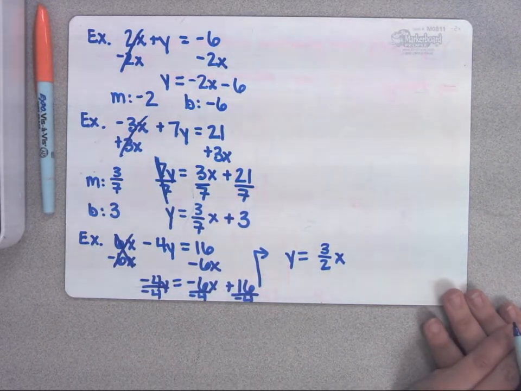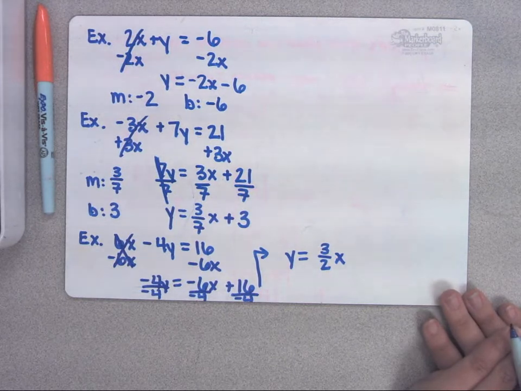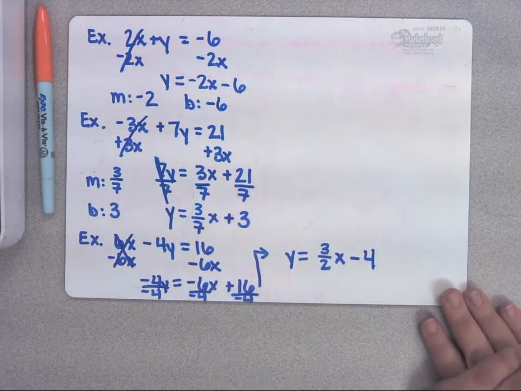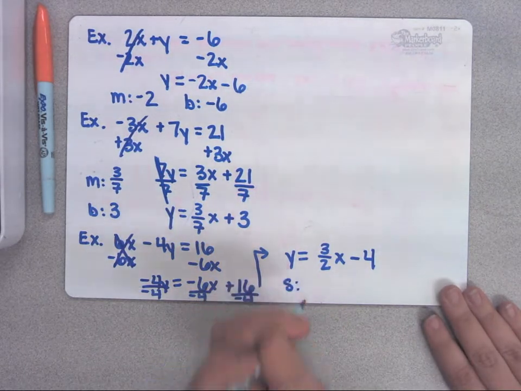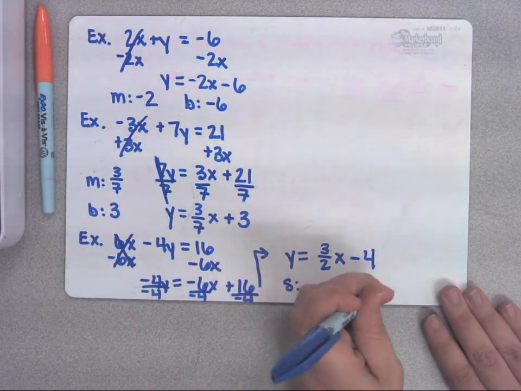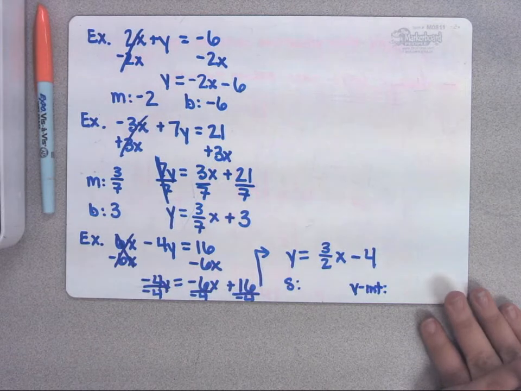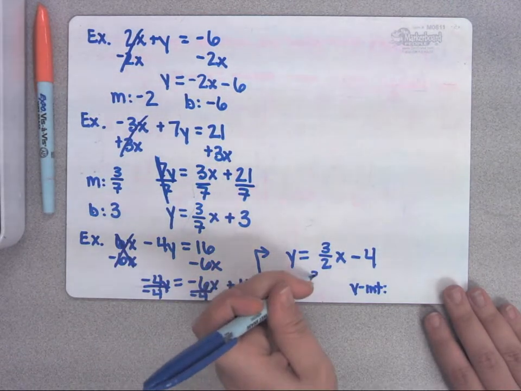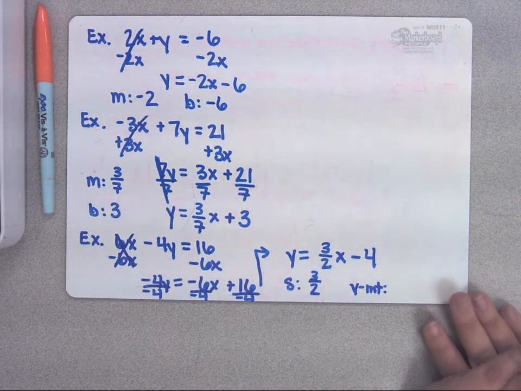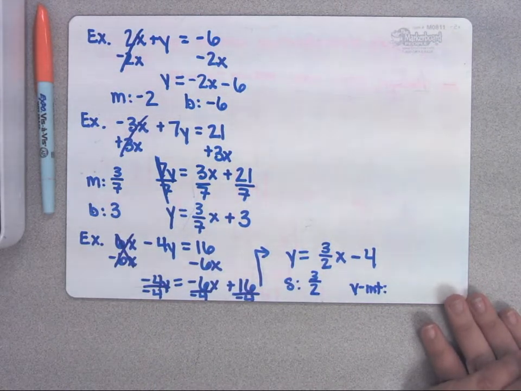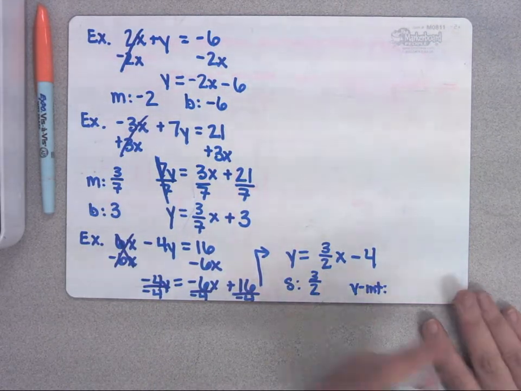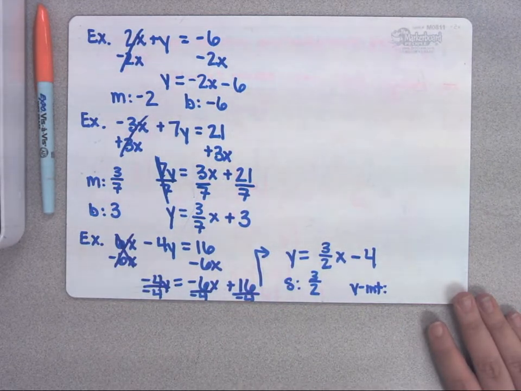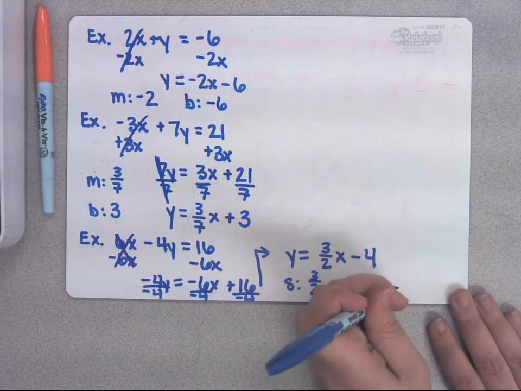And then what's positive 16 divided by 4? Yep, minus 4, so negative 4. Then again, what's my slope and what's my y-intercept? What number represents my slope, Katie? My 3 over 2. What represents my y-intercept, CJ? Yep, but what number here? Negative 4.